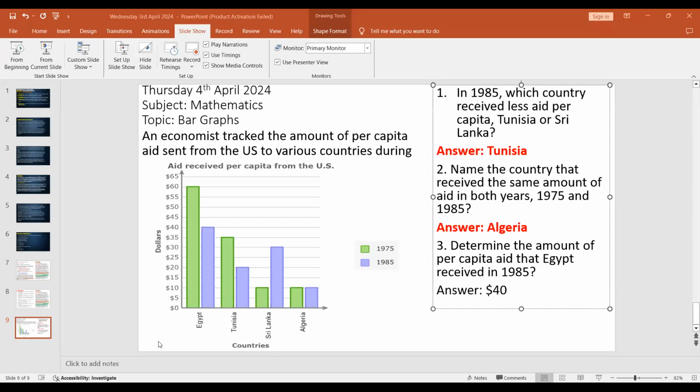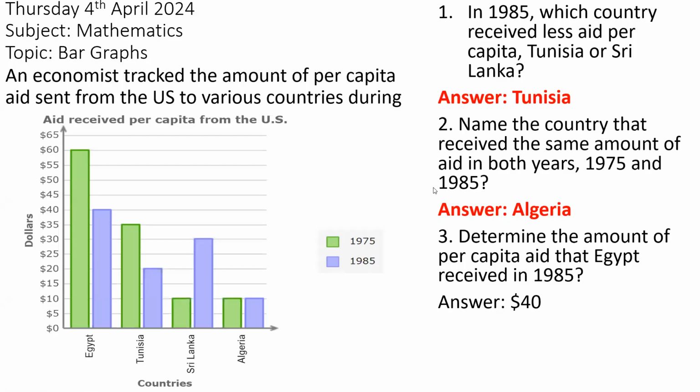Just a little bit. Which one don't you understand? Number 3. Okay, so they are asking for which country? Egypt. Egypt, right? So we have to go to Egypt. Notice that Egypt has 2 bars, the green one and the lavender one.